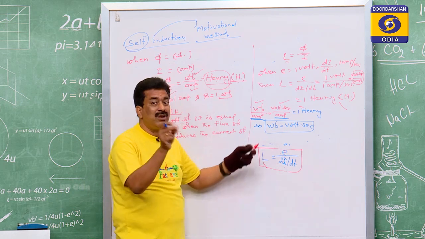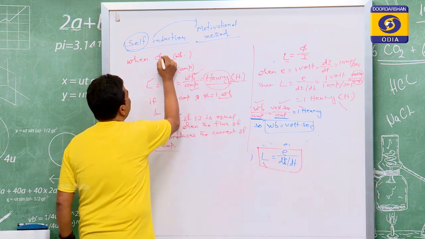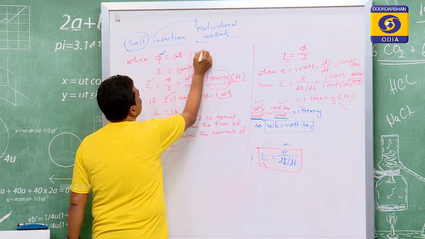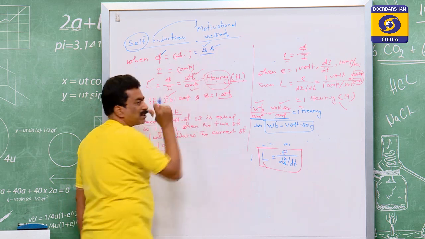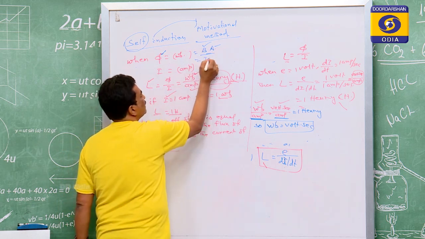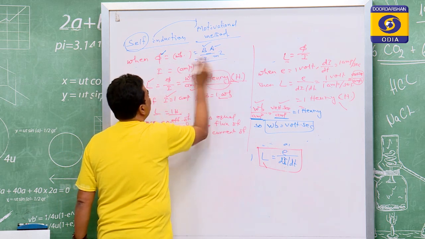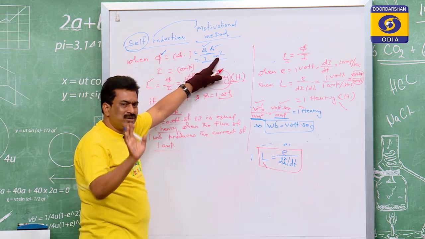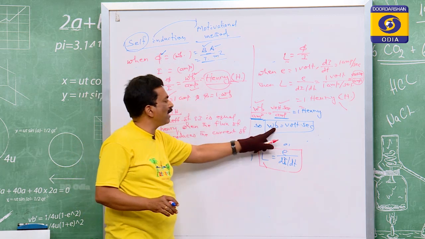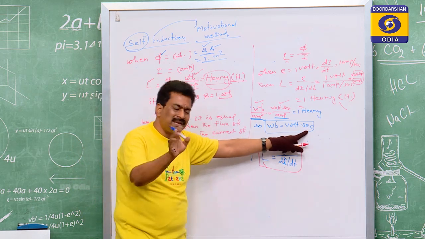But if the question comes, define the Weber, Weber means that is the phi. Phi is equal to BA, so one can write B into A. B means the magnetic induction, that is the Tesla, A is the meter square. So if the question comes, define Weber, if you write Tesla into meter square, that is okay, and if you write Weber is equal to volt into second, that is also okay.